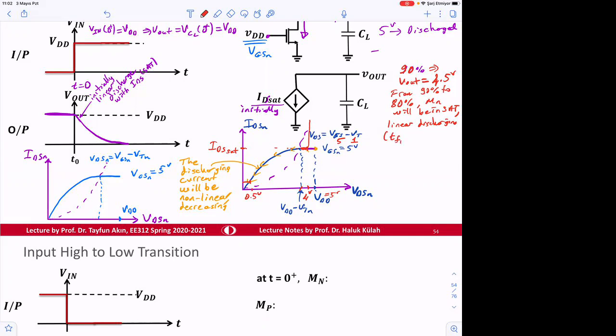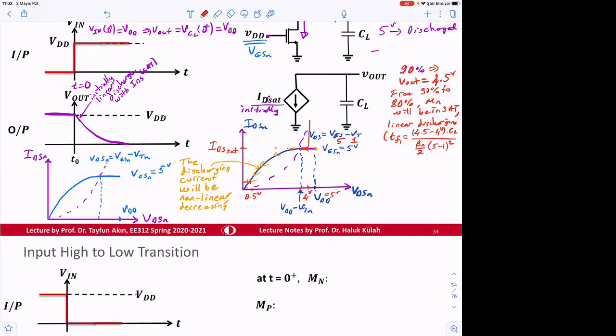T fall 1 is equal to 4.5 minus 4 volts, so that's delta V, times CL divided by the current IDS, which is beta n divided by 2, (5 minus 1) squared.